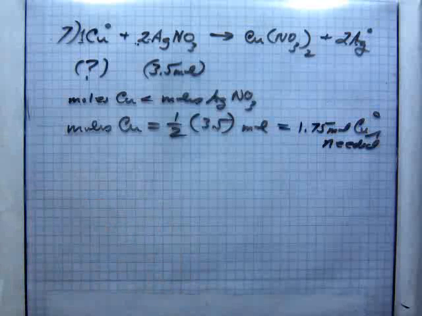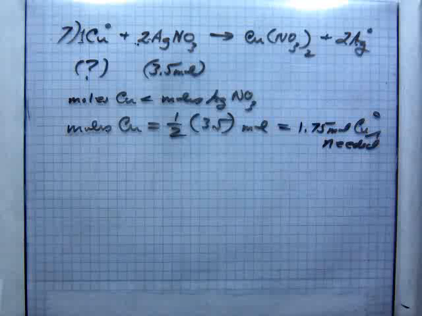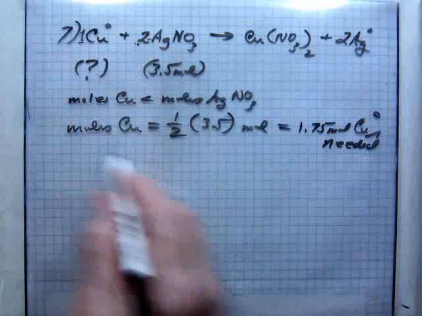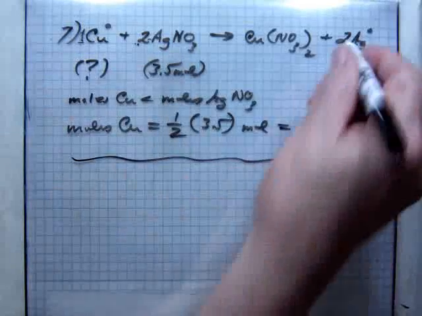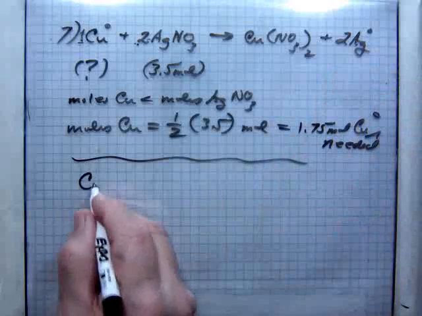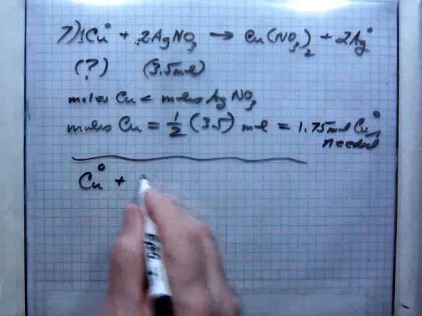The next part of that, if 89.5 grams of silver were produced, how many grams of copper reacted? So in part B of that, I'll rewrite the equation for academic reasons.